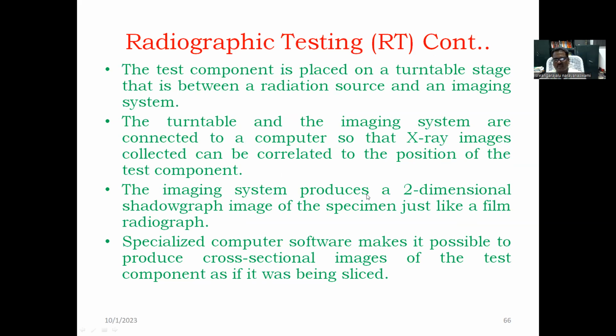The imaging system produces a two-dimensional pseudo-graph image of the specimen, just like a film radiograph. Specialized computer software makes it possible to produce cross-sectional images of the test component as if it was being sliced.